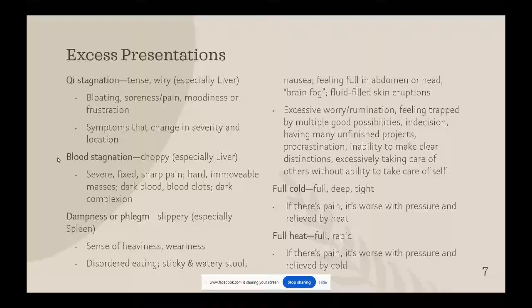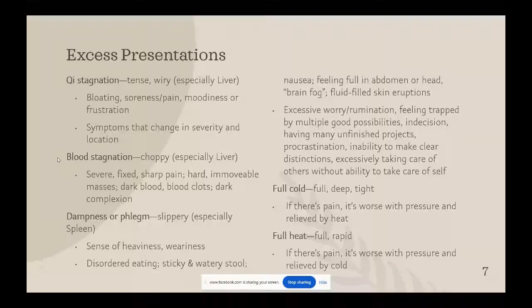And then next, dampness, which especially affects the spleen. A more severe version of dampness is phlegm. This is indicated by a pulse that's called slippery. Then there are signs and symptoms that go along with dampness or phlegm.